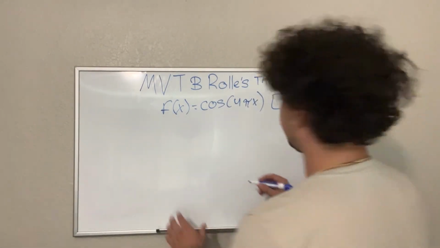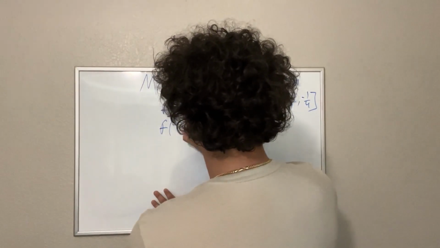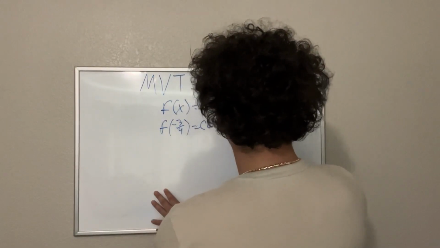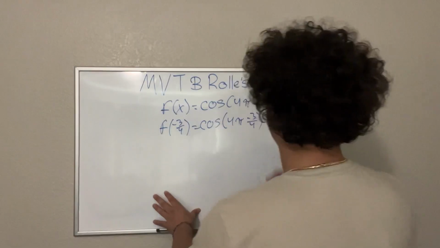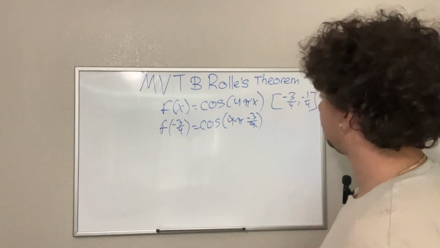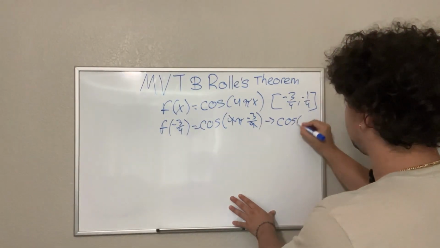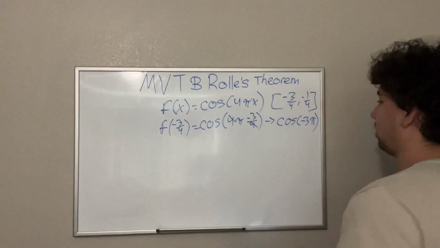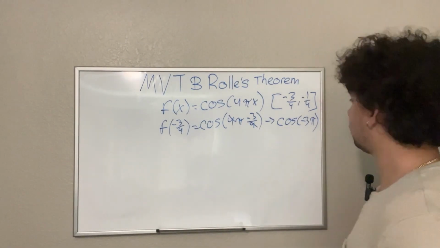So, I'm going to plug these values in. f of negative 3/4 is equal to cosine of 4 pi times negative 3/4. These are going to cancel out, leaving you with cosine of negative 3 pi. I'm just trying to figure out what cosine is at negative 3 pi.